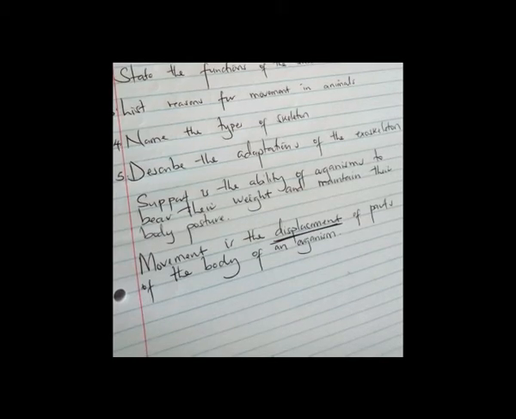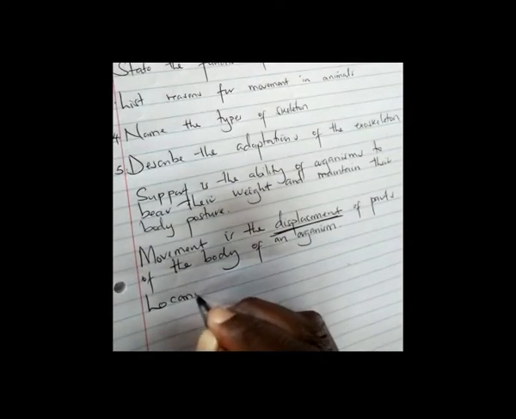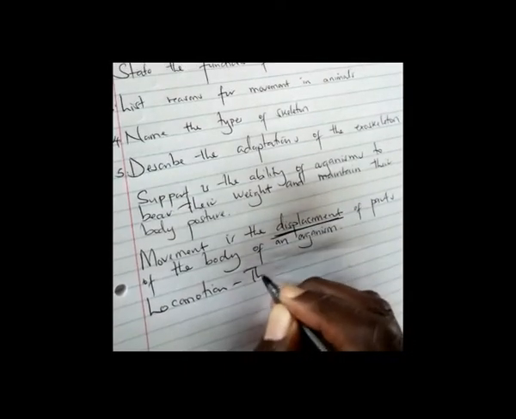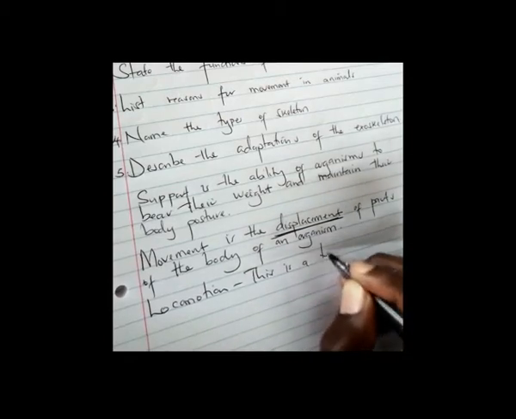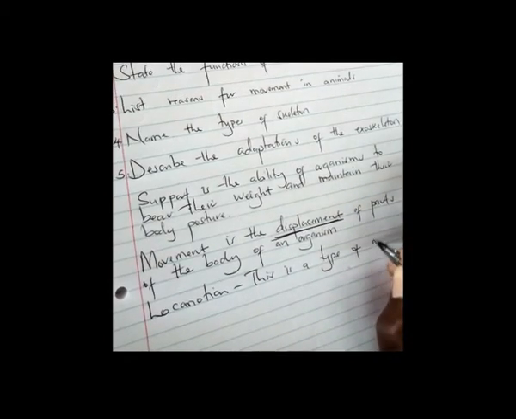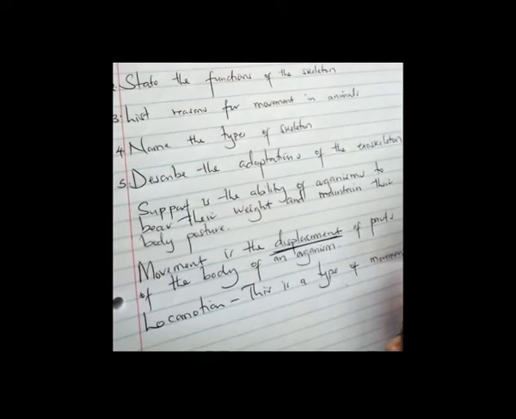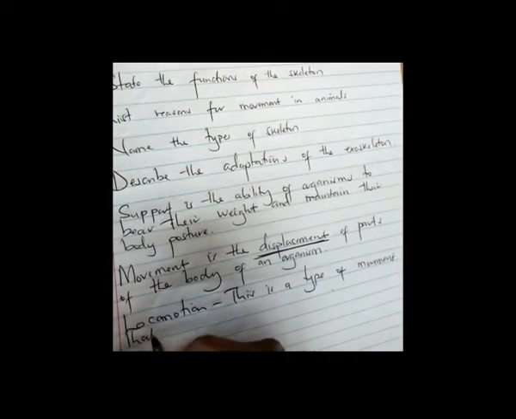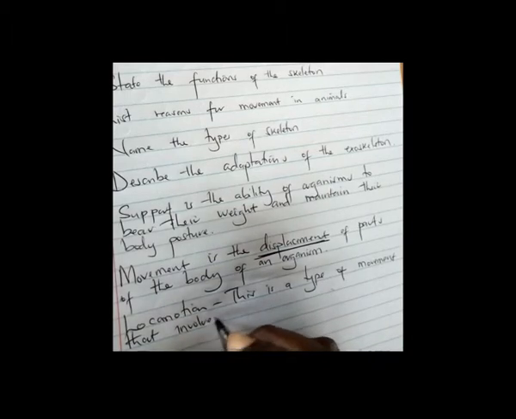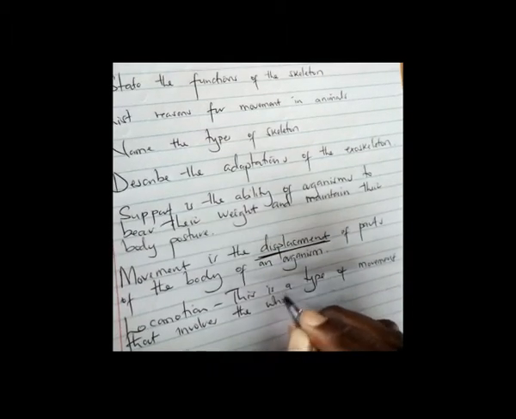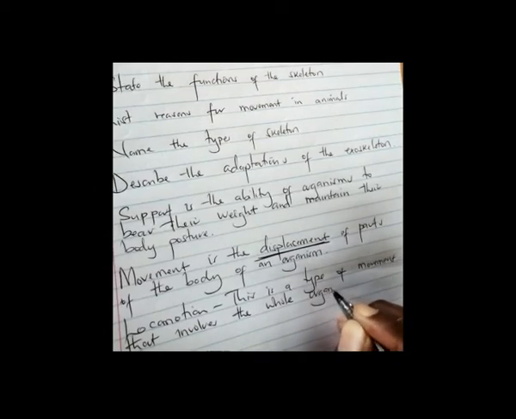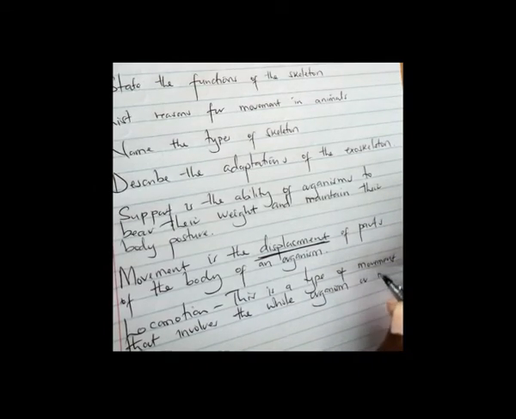Animals, on the other hand, have a type of movement that involves the whole body. That type of movement is called locomotion. This is the type of movement that involves the whole organism or a motile cell.